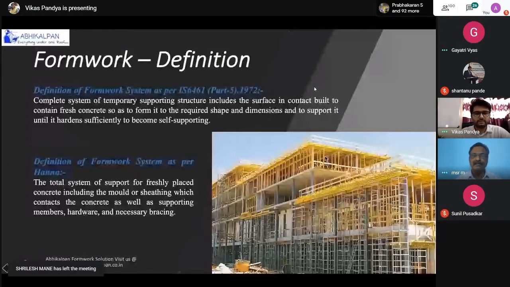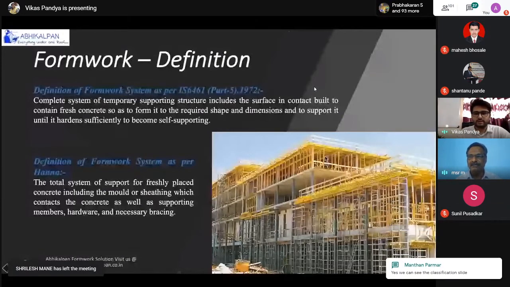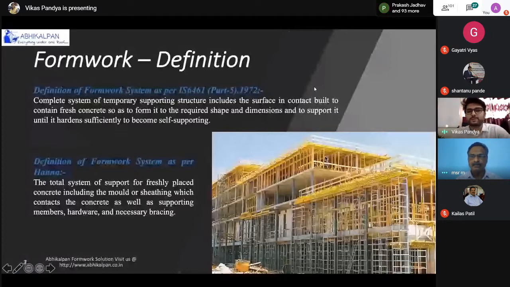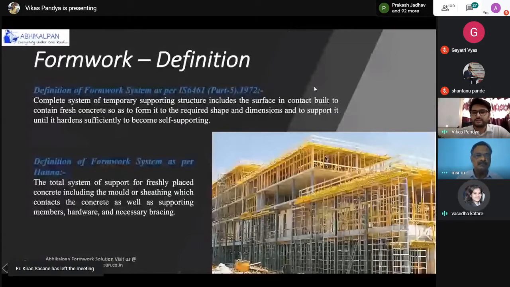You just click and once again come back, so that it may get operated. Now on the slide of types of formwork system, formwork slide number 4. Vikas sir, just minimize your presentation and then start again.